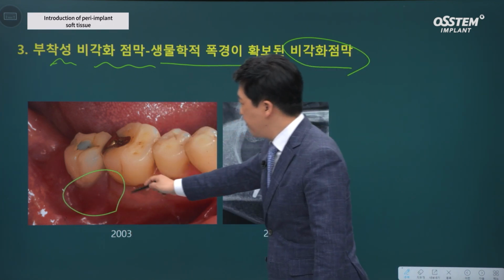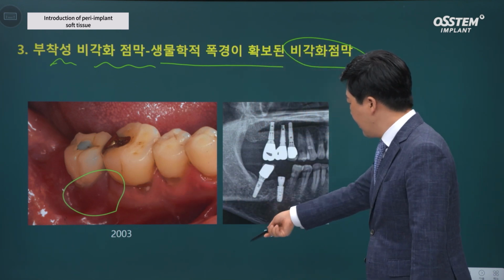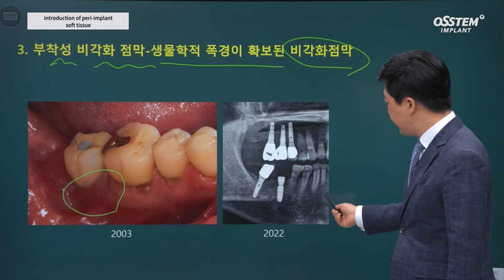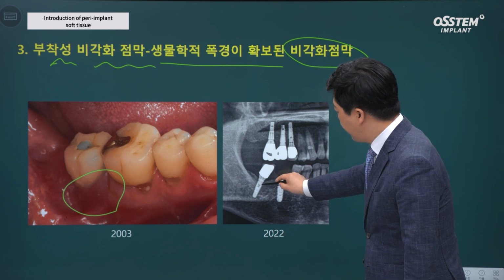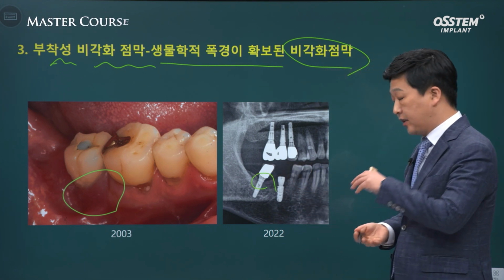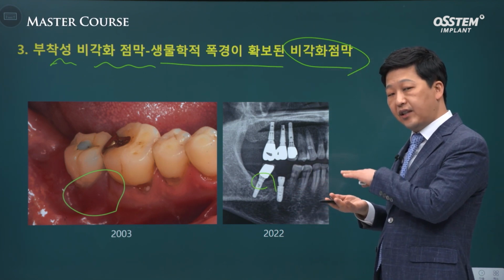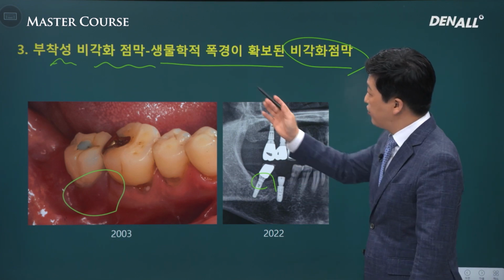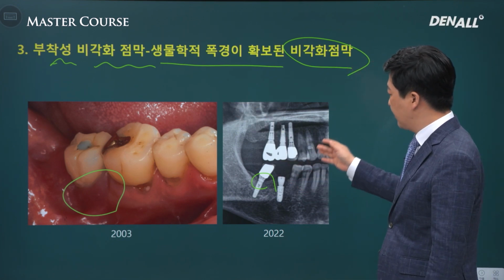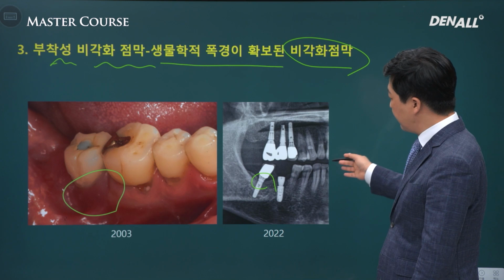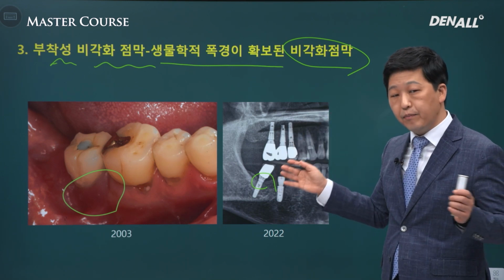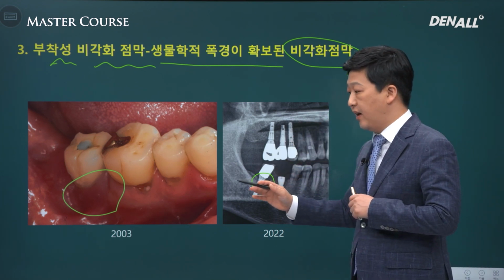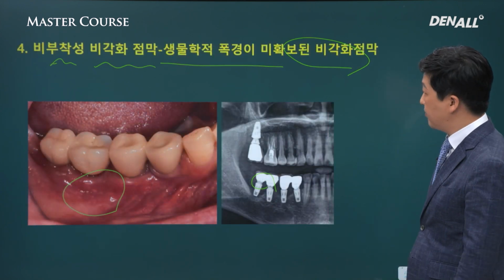There is no keratinized tissue. It's all non-keratinized tissue. However, although 19 years have elapsed, you can see that the bone height is stably maintained. This is a typical case of attached non-keratinized mucosa. In this case, although there is no keratinized mucosa, the prognosis is very stable.